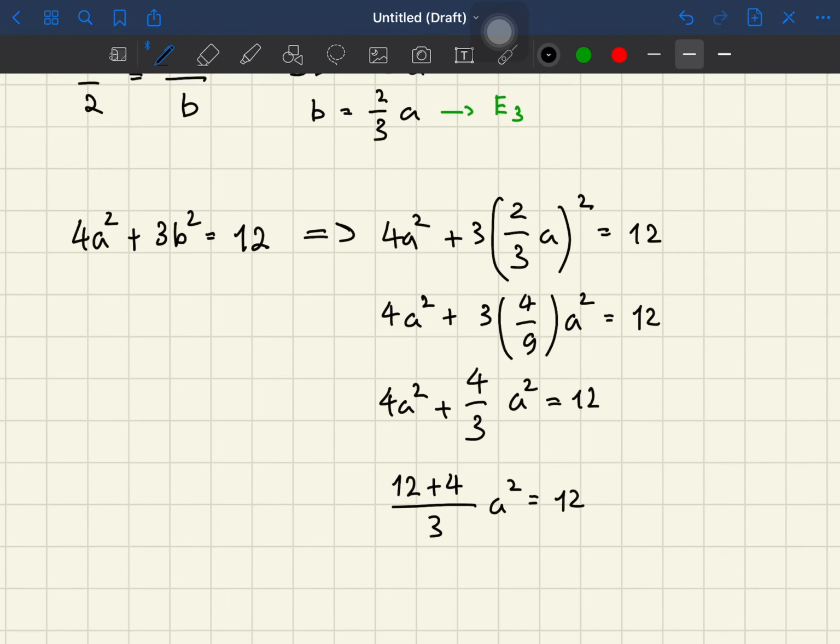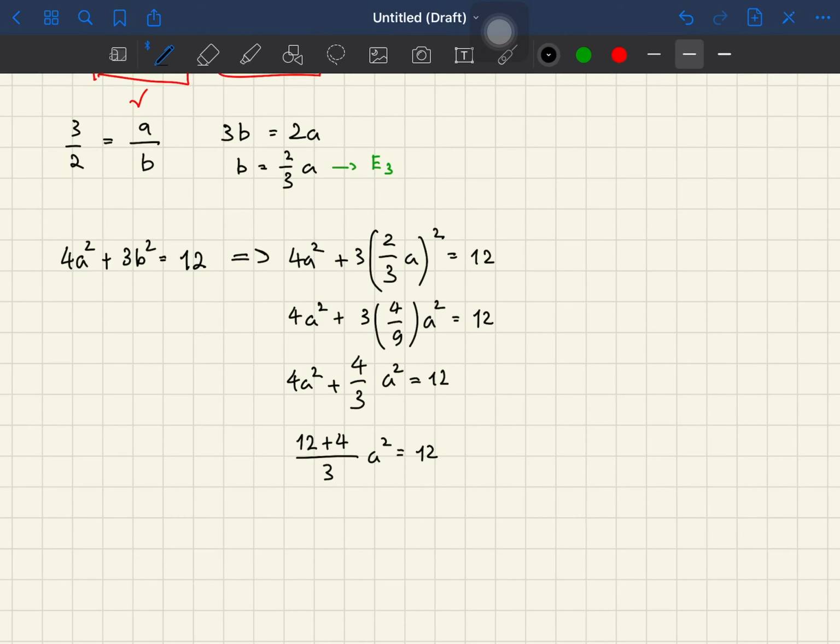And hence, you can get A squared equals 9/4. And then A equals 3/2.